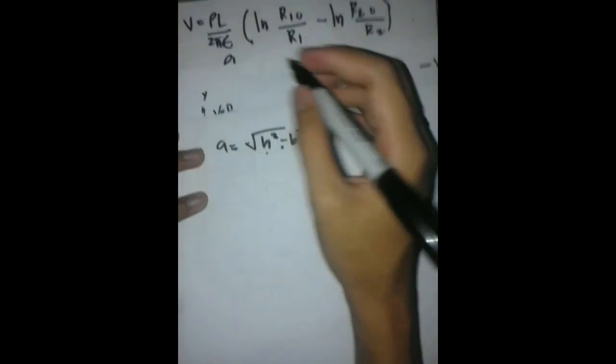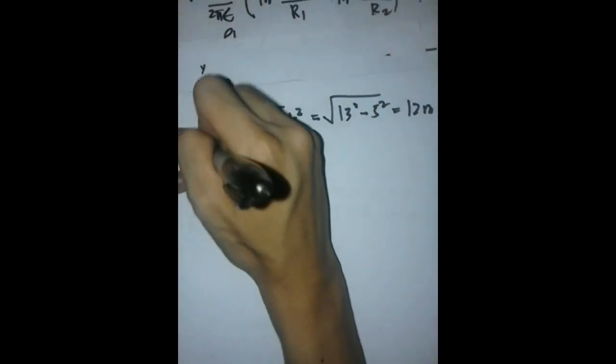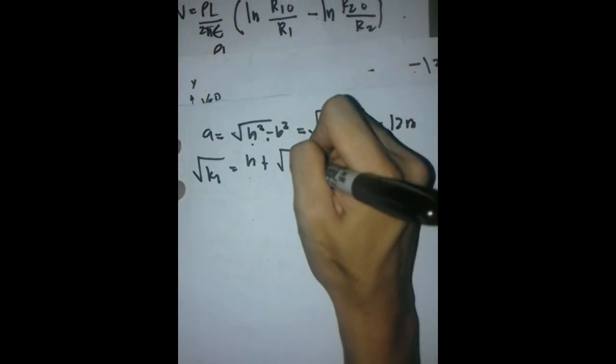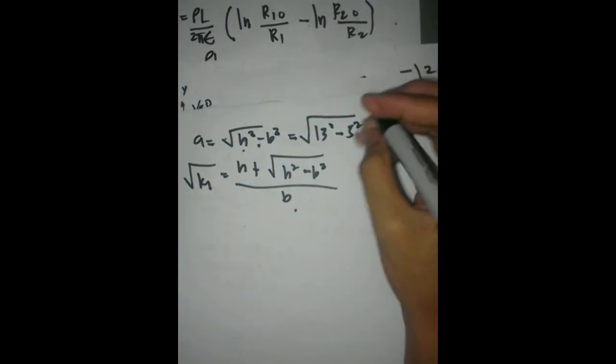Now, we are going to solve to find k sub 1. The value of the potential parameter k sub 1 comes from the square root of k1 equal to h plus the square root of h squared minus b squared, over b.